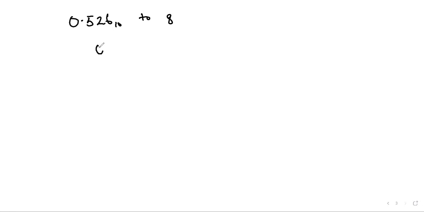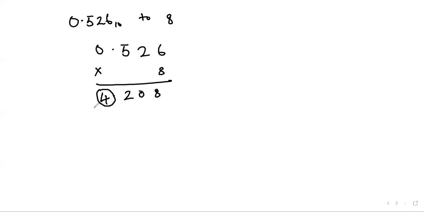So what we'll do, this is a decimal part. If it was a whole number part, we'll do division. But since it is the decimal part, we do multiplication. So we multiply by the base 8. We'll do 0.526 times 8, and that will give you 4.208. You circle the whole number part.